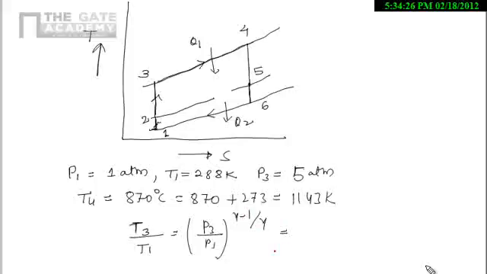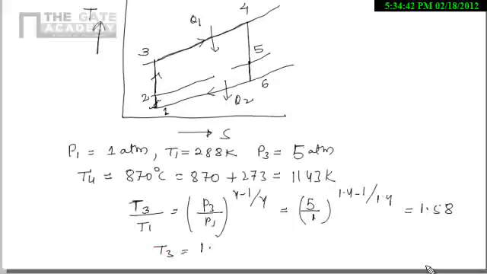So P3 by P1, that is 5 atmospheric by 1, to the power 1.4 minus 1 divided by 1.4. So now we are having 1.58. So T3 will be 1.58 times T1, which is 288. So T3 we will get 455 Kelvin.